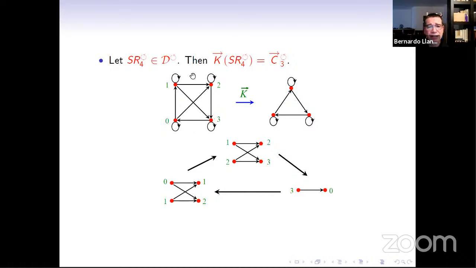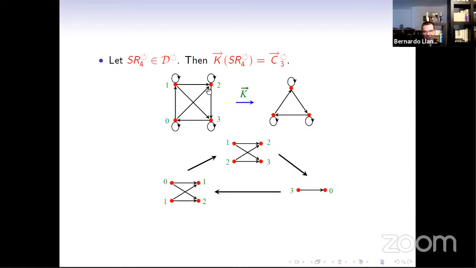I just say that, forgetting for a moment the loops, this tournament is unique. It's the only tournament on 4 vertices which is strongly connected and semi-regular, whatever. So this is a very nice example. It is called semi-regular sub 4.